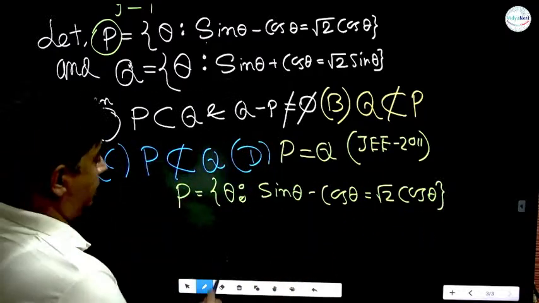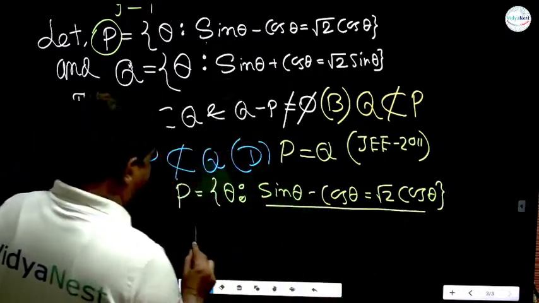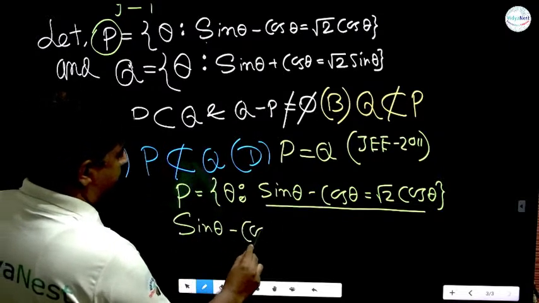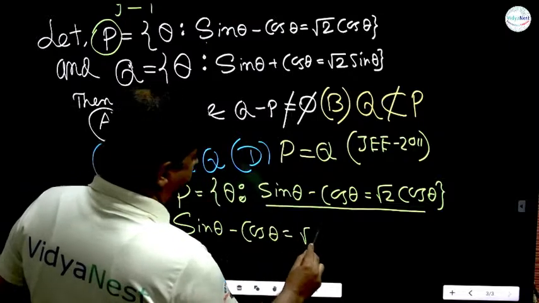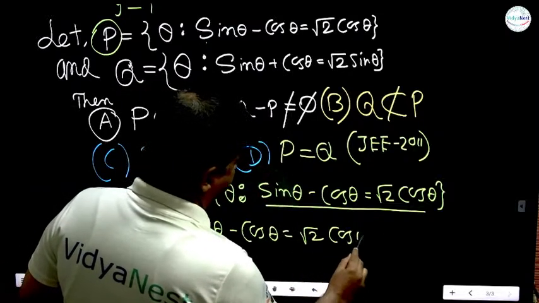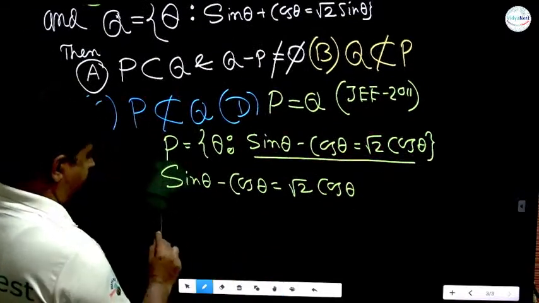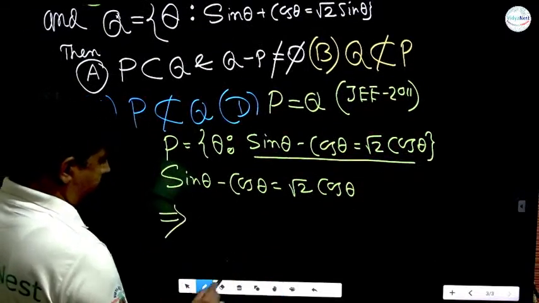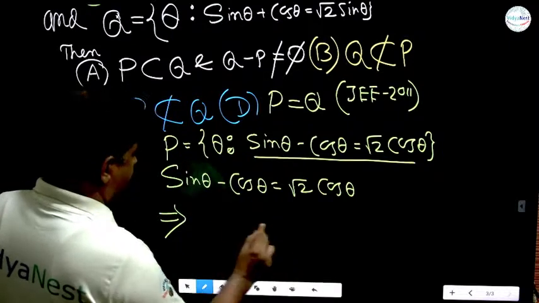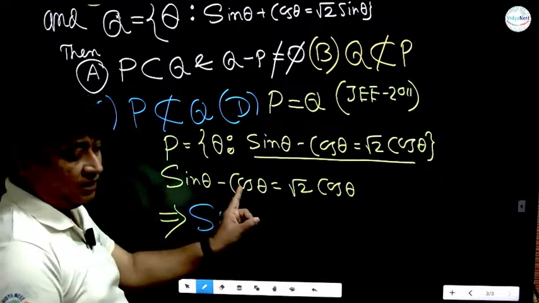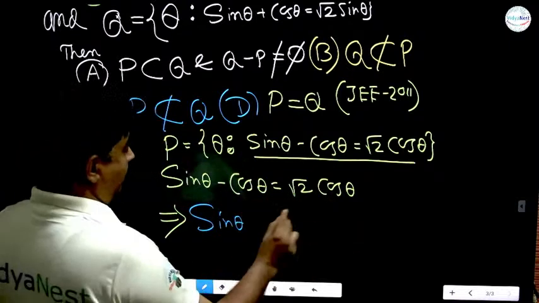Now, you choose this equation. Minus cos theta to be taken on the right hand side.